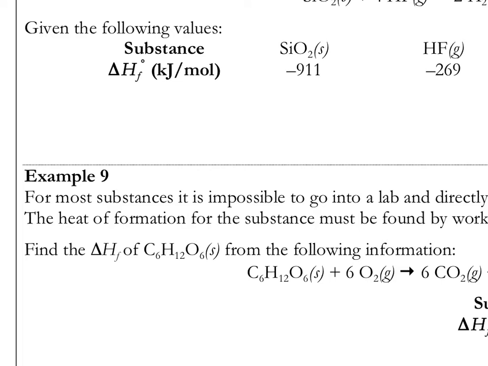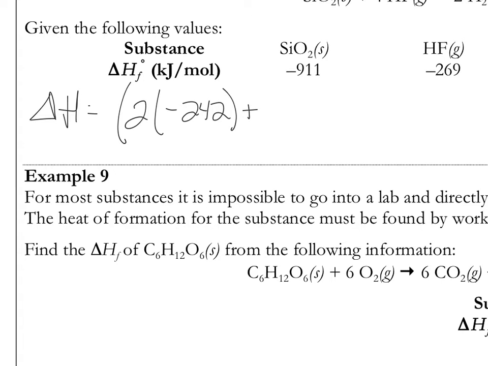So my delta H is going to be the sum of the products. So the products are the 2H2O, so I have 2, and the value for H2O is negative 242. Then I add that to the 1 silicon tetrafluoride, which is negative 1615. So I've got that.